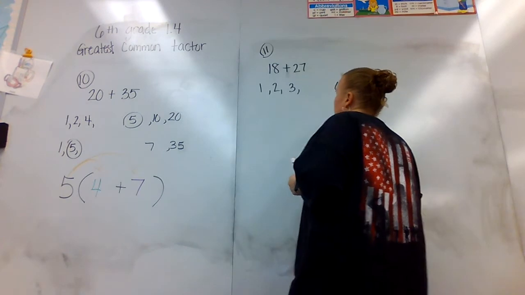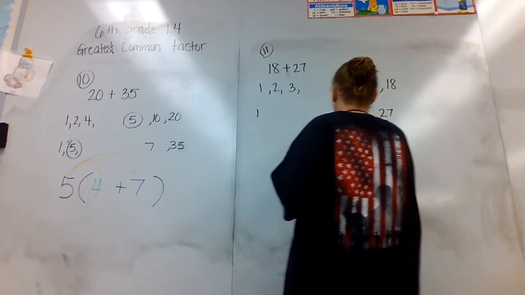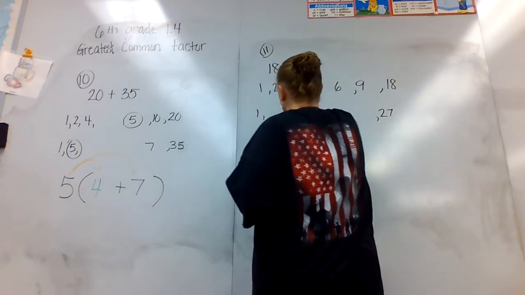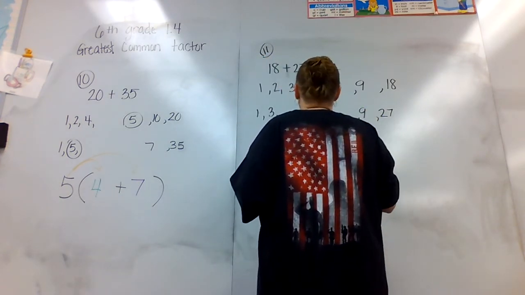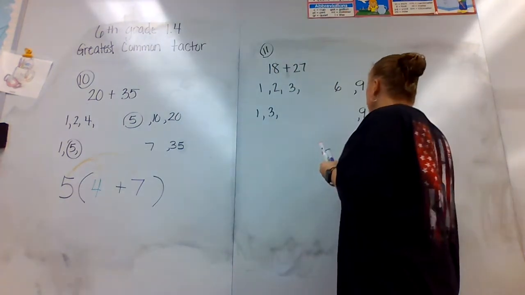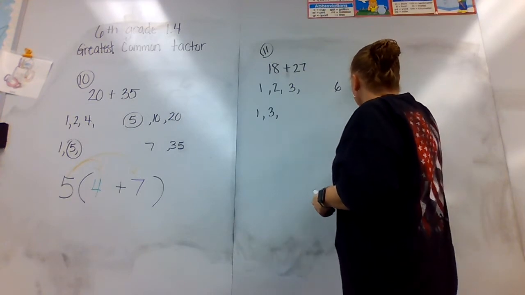And that's going to be it. Okay. 27 is going to be 1 and 27. No 2, it's an odd number. 3 and 9. And that's going to be it. Okay. So the biggest one they have in common is 9.